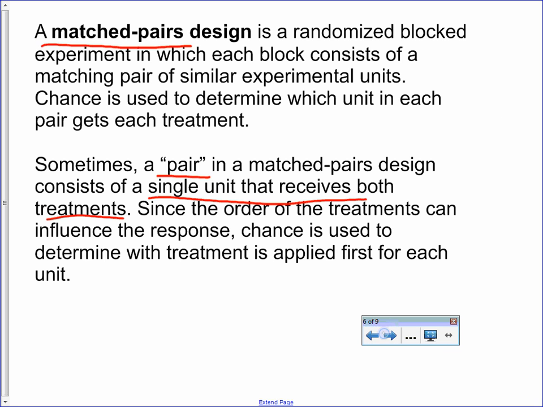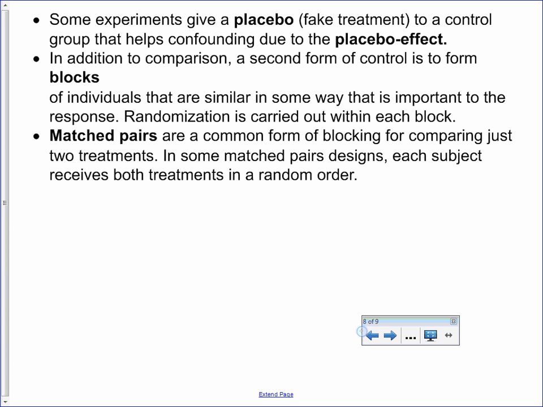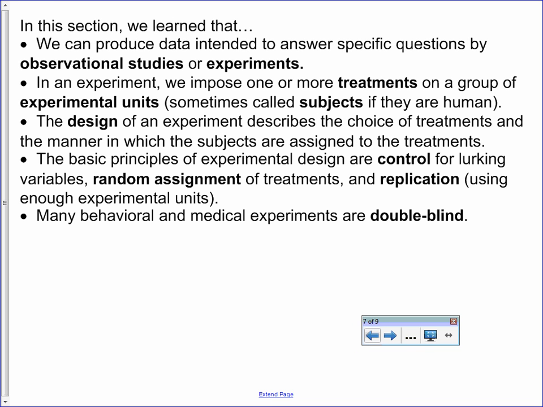Also, you may want to read through this section of your textbook just to look at more examples of the difference. So in this section, we learned that we can produce data intended to answer specific questions by experiments. We talked about identifying the experimental units and how that is the smallest unit to receive a treatment.